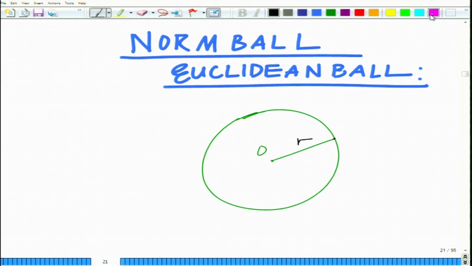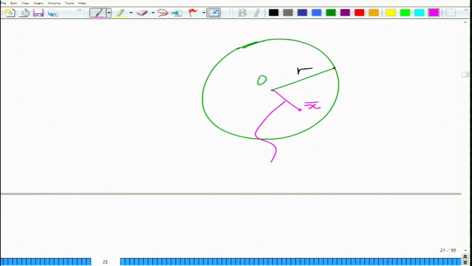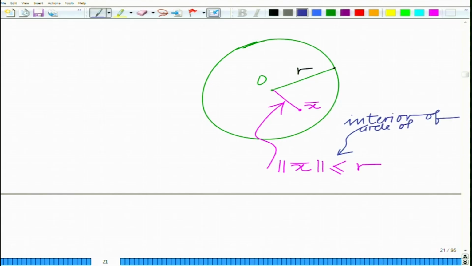Then if you look at any point x bar in the interior of the circle, the norm, that is the length of this vector, norm of x bar, has to naturally be less than or equal to r, the radius. So, this describes the interior of a circle, which is nothing but a two dimensional ball, of radius r and with center at the origin.